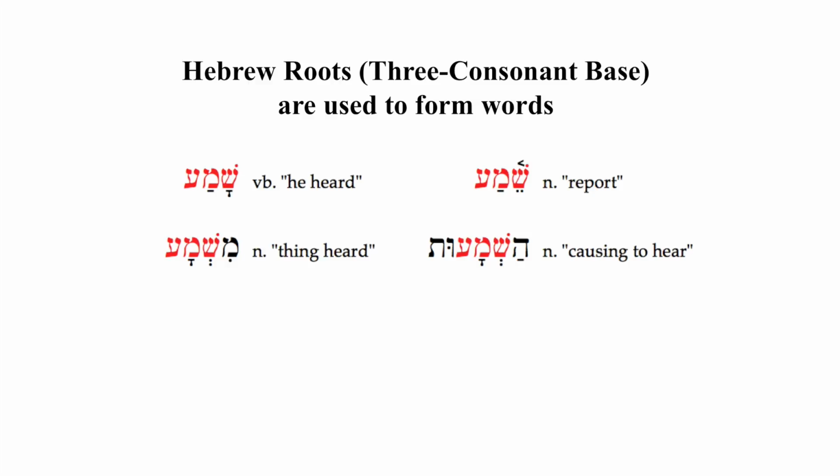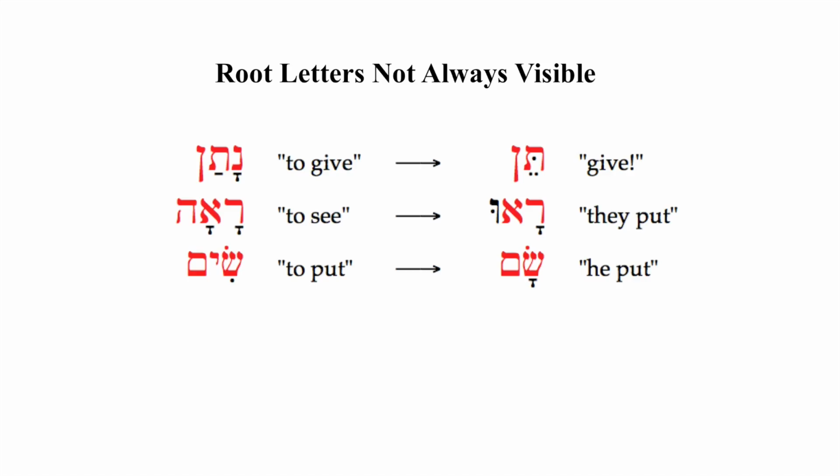deciphering words in context. Now, in some cases, these letters will not always be visible. Now, that does not mean that they will all disappear. One or two of these letters may disappear for one reason or another based on peculiarities of pronunciation.